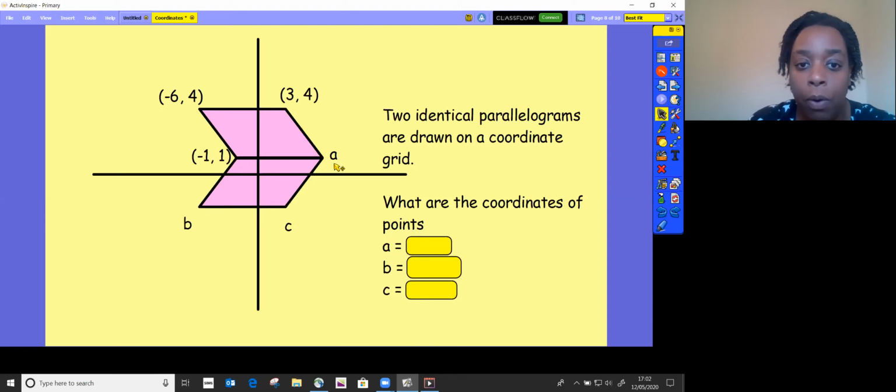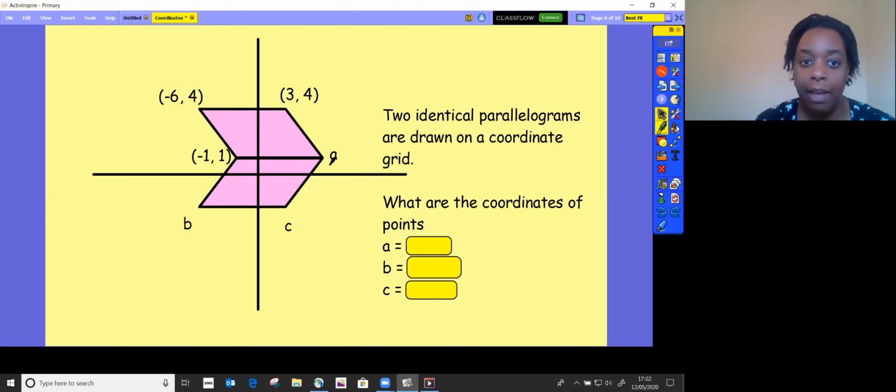So if we start with point A first of all, we need to work out what our X and our Y coordinate are for this point A, right here on the parallelogram. First of all, I notice that this A is on the same line as this point, which is -1, 1. The -1 is the X coordinate and the 1 is the Y. So it is sitting on the same Y point.